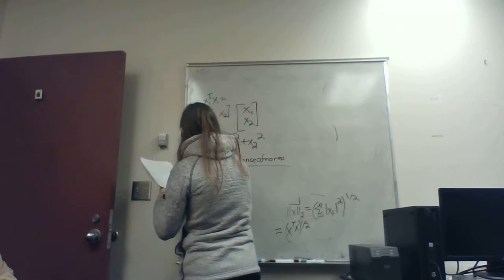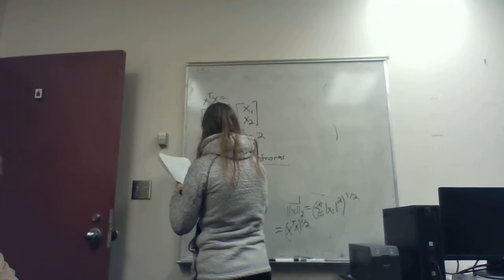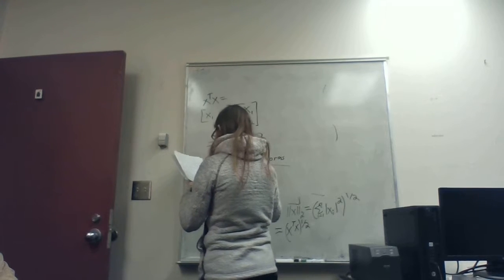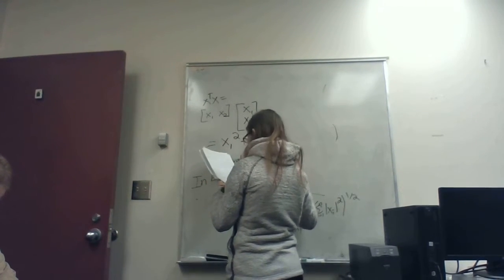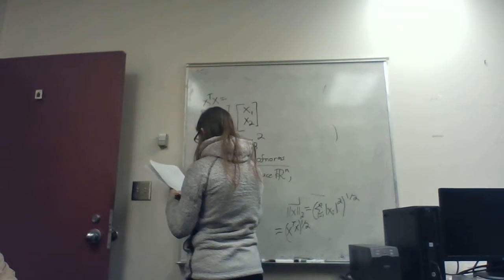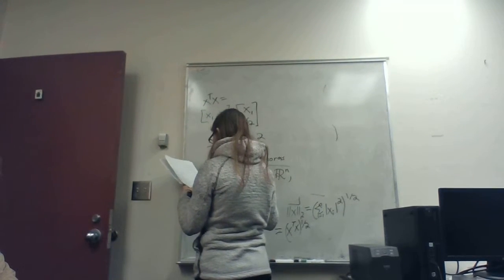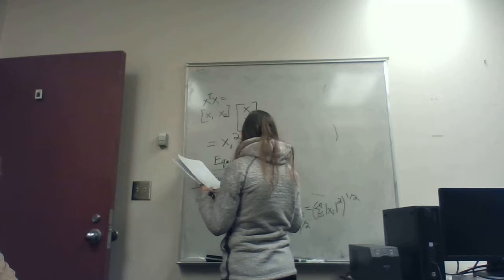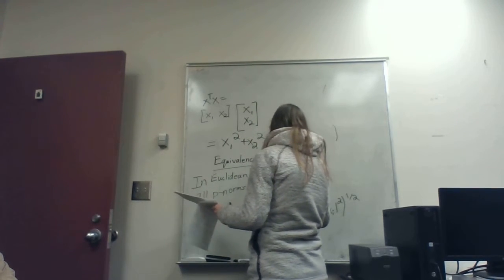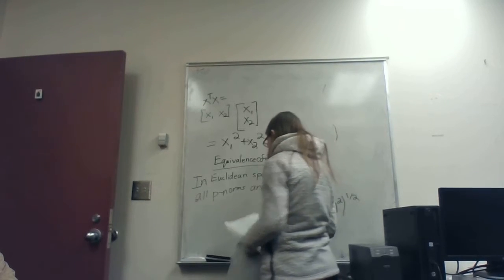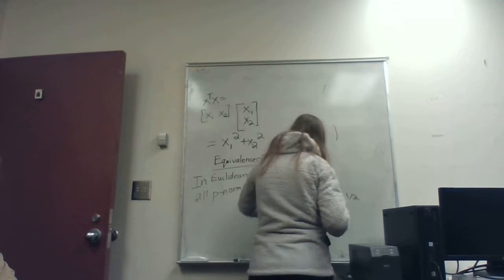In Euclidean space R to the n, all p norms are equivalent, but not really. That's why this is such a confusing name. It doesn't actually mean equivalent.